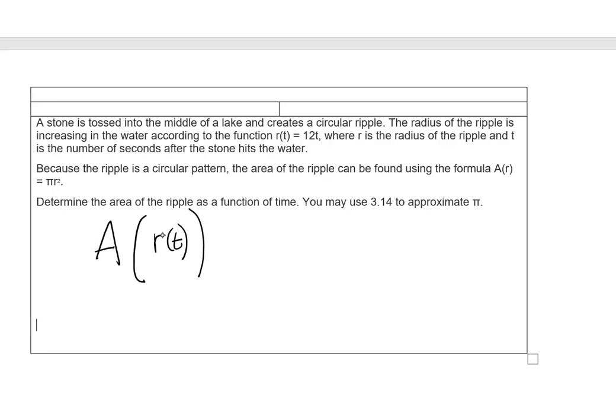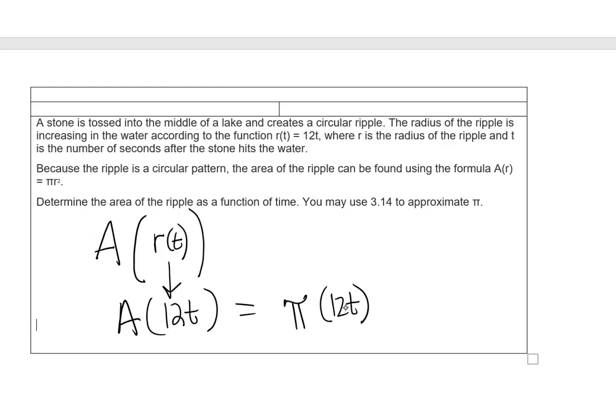So I'm going to take the R of T function, which is 12T, and plug that into the area formula, which is pi R squared. So pi times R squared, well, if R is 12T, I would have to do 12T squared.